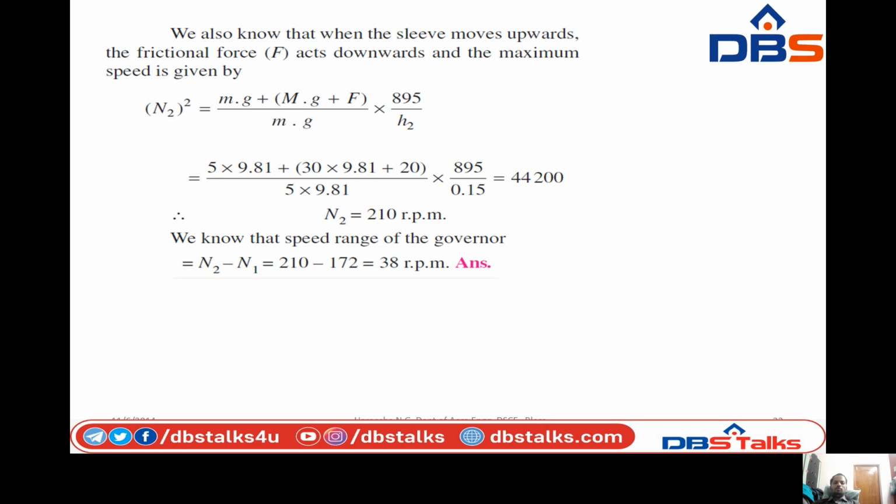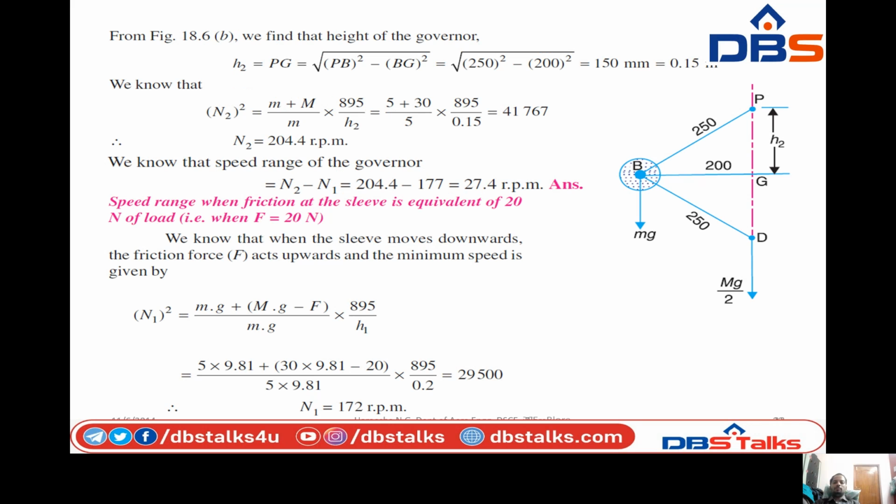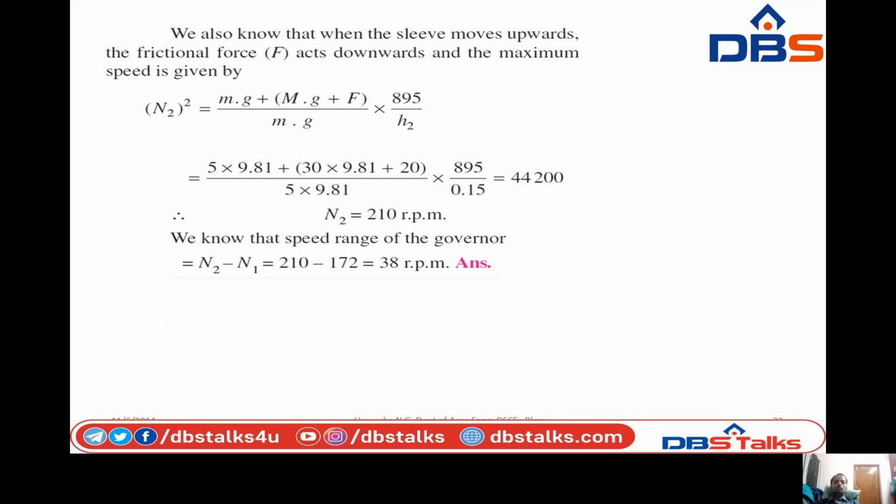When the sleeve moves upwards, the frictional force acts downwards, and the maximum speed is given as follows. When the frictional force is acting downwards, the sleeve weight is also acting downwards. If you see in the diagram, the Mg by 2 is already acting in the downward direction, so the additional frictional force is added to reach the maximum speed.